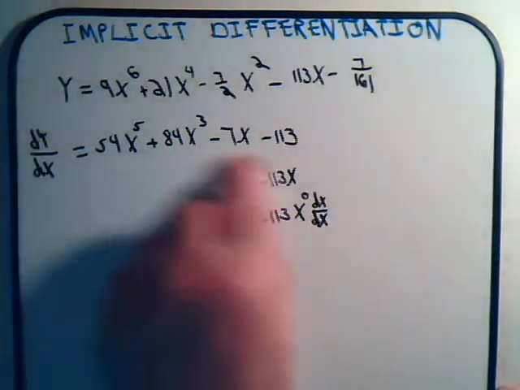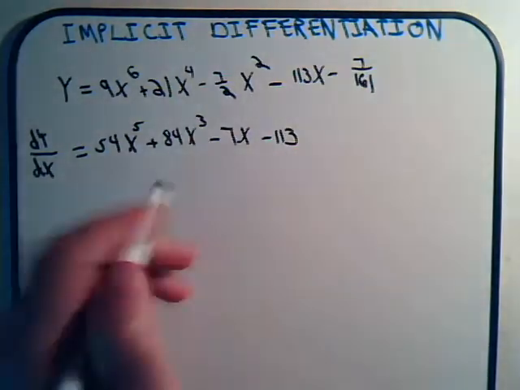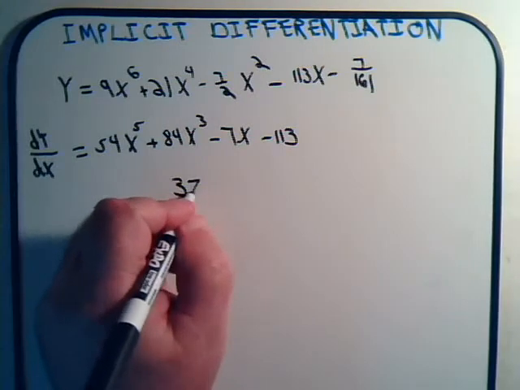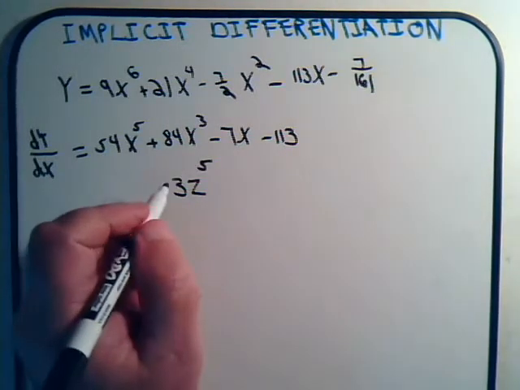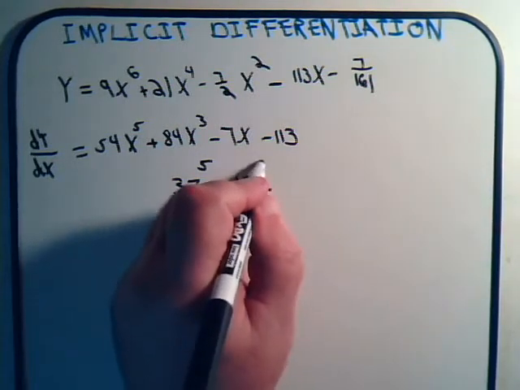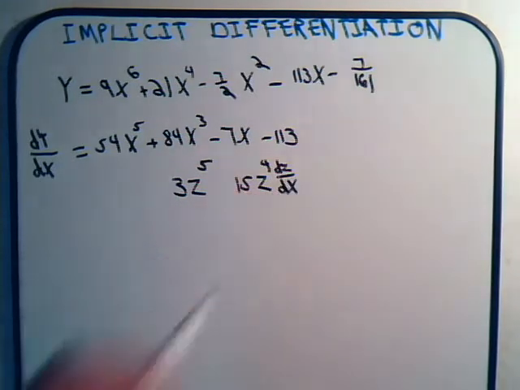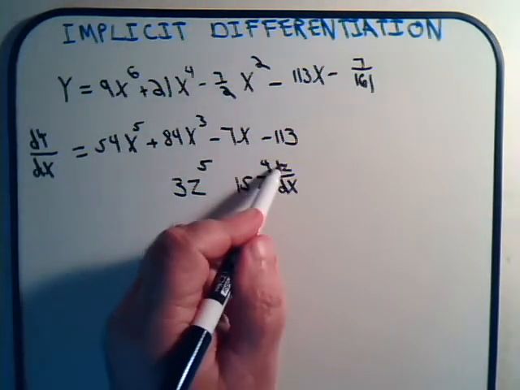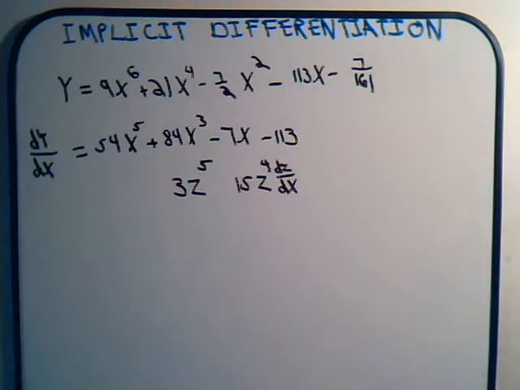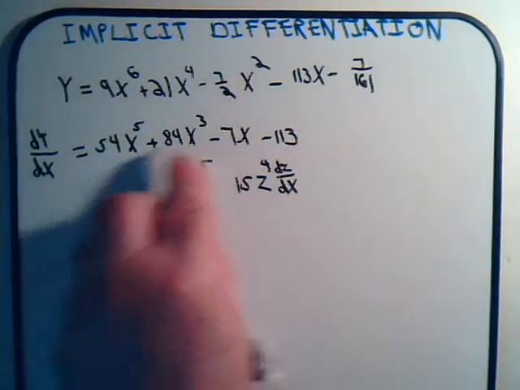But if we had somewhere in here another variable, say 3 times z to the 5th power, then it would be 15 times z to the 4th times dz dx. And in this instance, we have to make sure that we remember to write this down, because this clearly is not just 1. We bring that to your attention because when we start doing implicit differentiation, it's important that we remember how to do that correctly in that step.